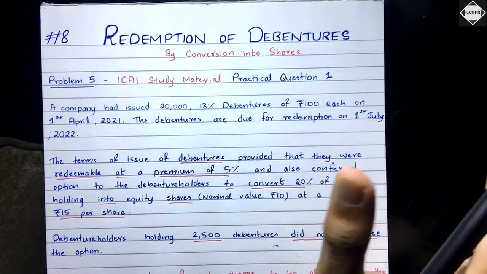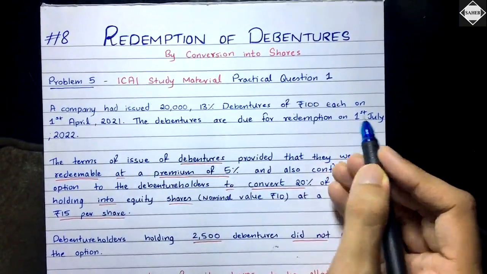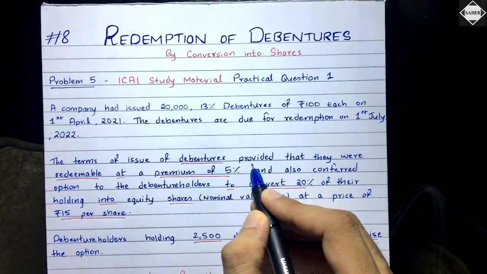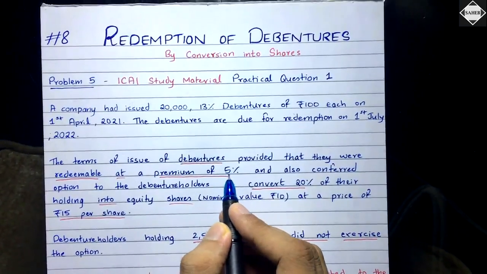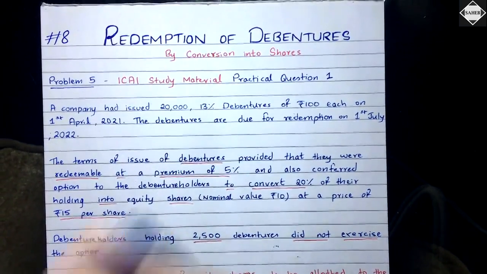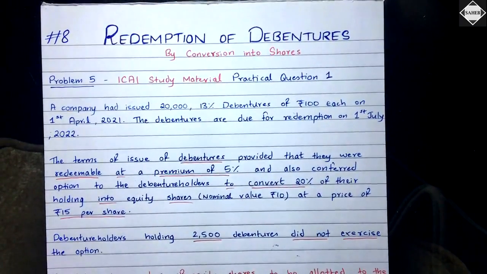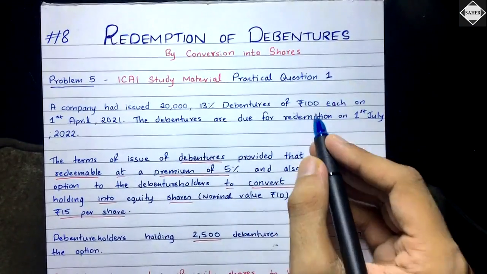Then they are saying the debentures are due for redemption on 1st July 2022. The terms of the issue of debentures provided that they were redeemable at a premium of 5%. So it means we are repaying the debenture holders 5% extra. See this carefully. Each debenture's face value is rupees 100.